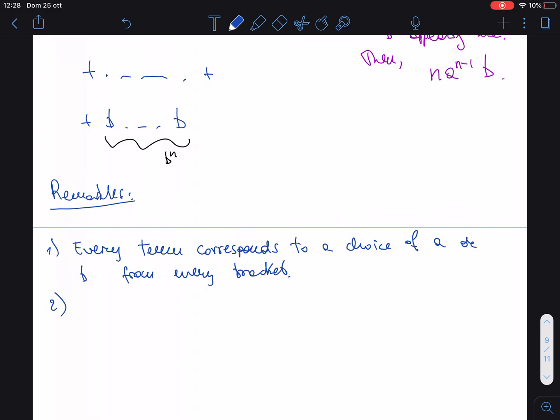Second, every choice appears only once in the whole sum.